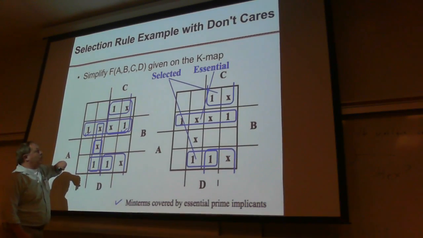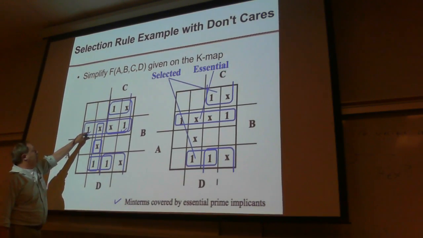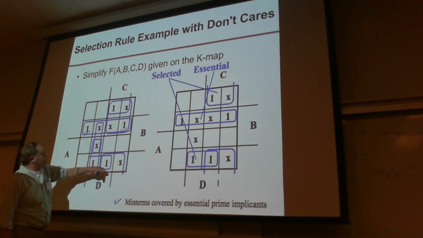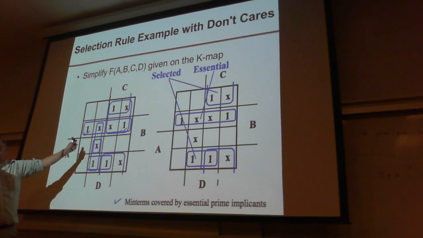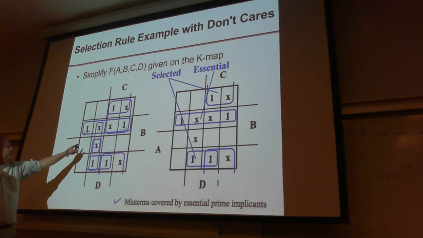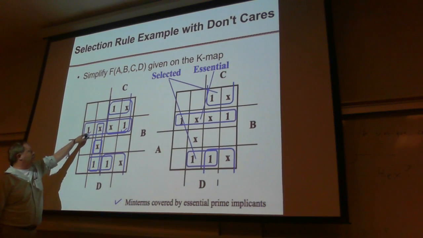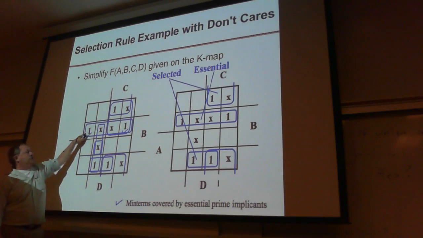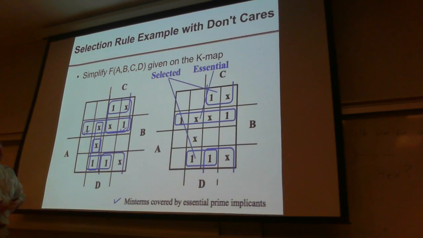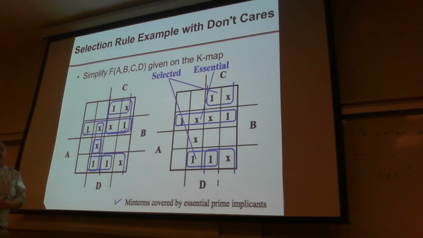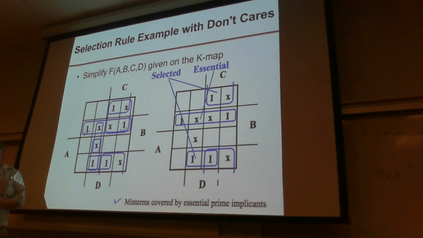So there's my one essential prime implicant. Everything else has 2 or more groupings. So in this K-map for this function, there's one essential prime implicant, and that's this grouping. So once I've identified that grouping, then what I need to do is capture the minimum number of other groupings that collect all of my ones.